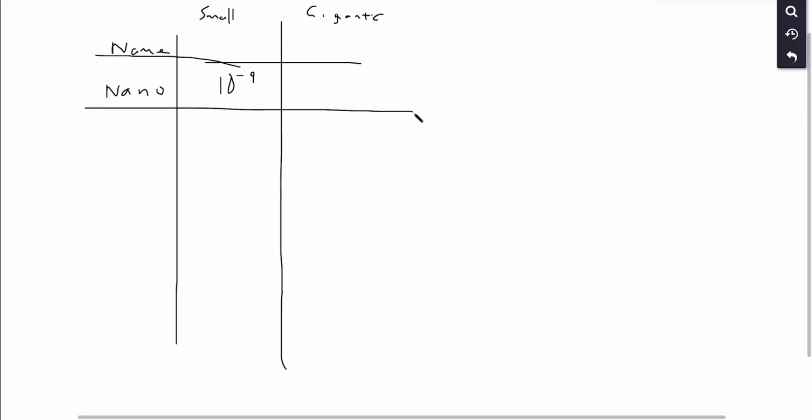And then from nano, we can maybe talk about micro. Micro would be 10 to the negative 6.